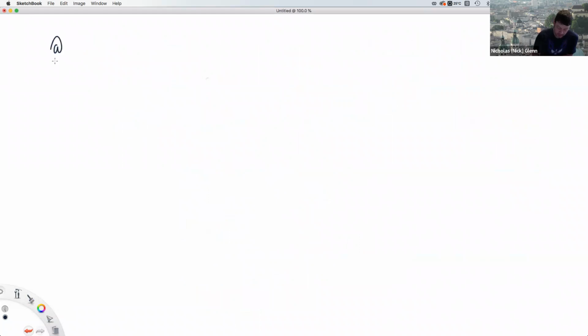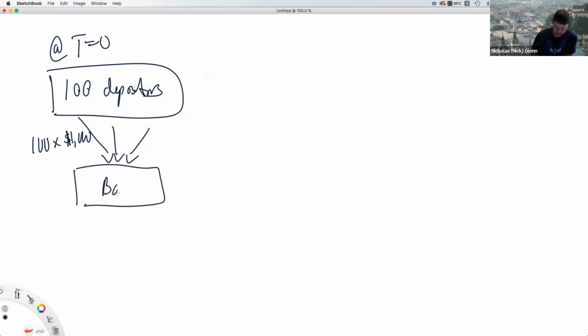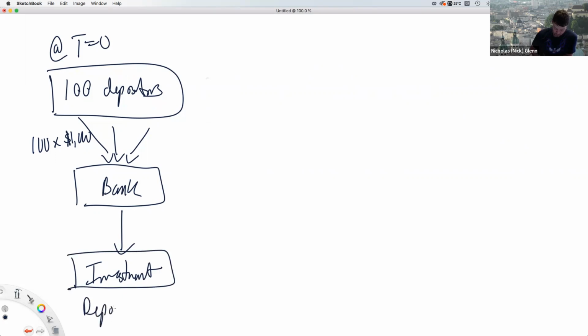At time period t equals 0, at the start of this, 100 depositors show up, and 100 depositors times $1,000 each. They each deposit $1,000. The bank takes this and deposits it with the investment, and that'll make up the deposit base. So how much are these depositors depositing? Well, 100 times 1,000 is just going to be 100,000. So your deposit base starts off with $100,000.